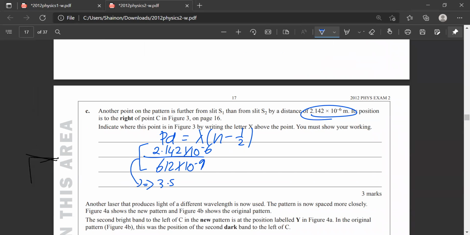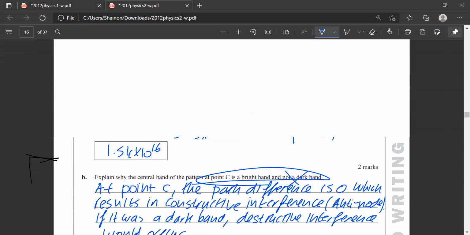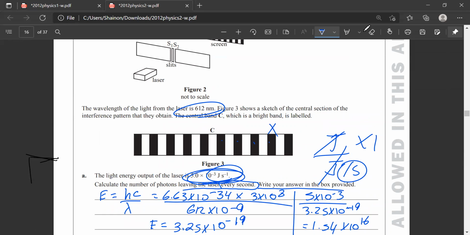So then it has to be a node because of the 0.5. If it was an antinode, it would be a whole number. So then n minus 0.5 equals 3.5, n equals 4. So that's the fourth node to the right. Fourth node to the right is 1, 2, 3, 4. That's x.